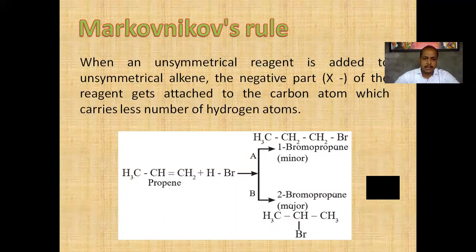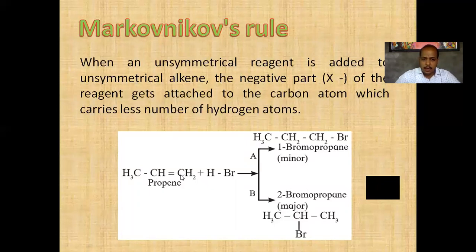Now we'll see here. Look, here we have used HBr. How does ionization of HBr take place? H plus and Br minus. So Br minus is the negative part of this reagent. Now here only 1 hydrogen atom is present at carbon number 2, and 2 hydrogen atoms are present at carbon number 1.